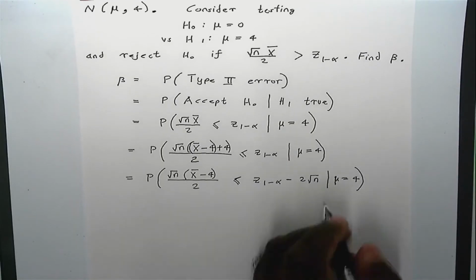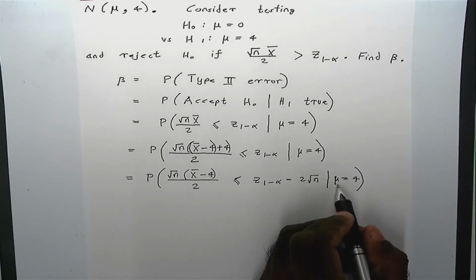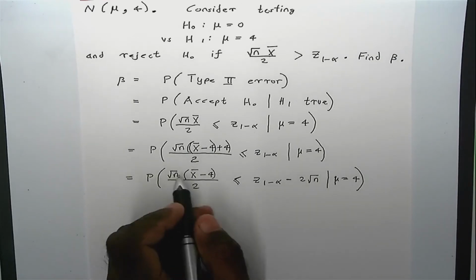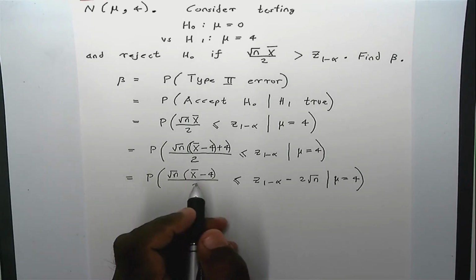Right, now conditional on the fact that mu equal to 4, this must have a standard normal distribution because of the same argument that I used previously, guys.